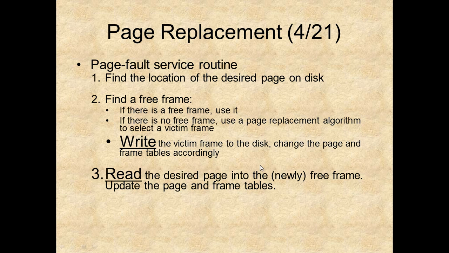Once the victim is taken care of, the operating system is going to read the desired page into the newly freed frame, then update the page and frame tables, and then restart the process.